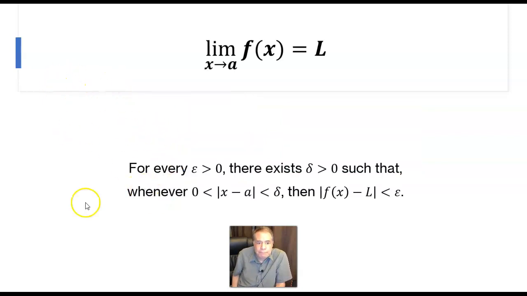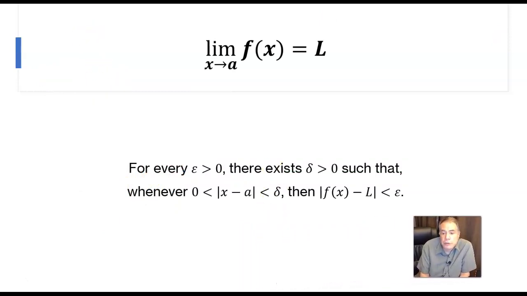So, the official formal definition of what it means for the limit as x approaches a of f of x to equal some number L looks like this. And in my analogy, the f of x is the color of point x on your image.